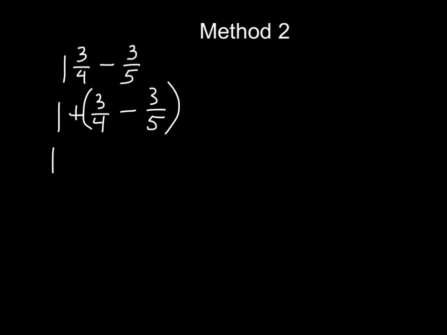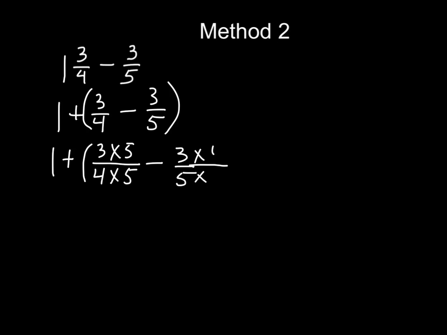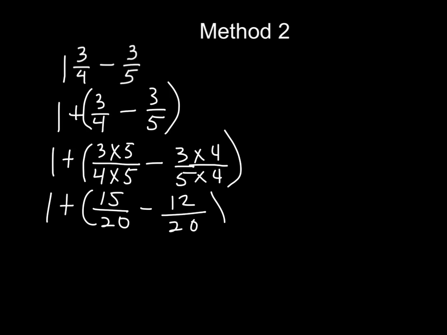So we'll go ahead and take 3/4 times 5/5, and then we'll subtract 3/5 times 4/4, and 3 times 5 is 15, 4 times 5 is 20, so we have 15/20, and we're going to subtract 3 times 4, which is 12, and 5 times 4 is 20ths again.